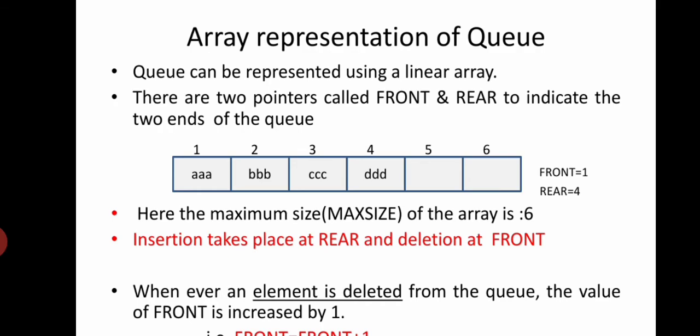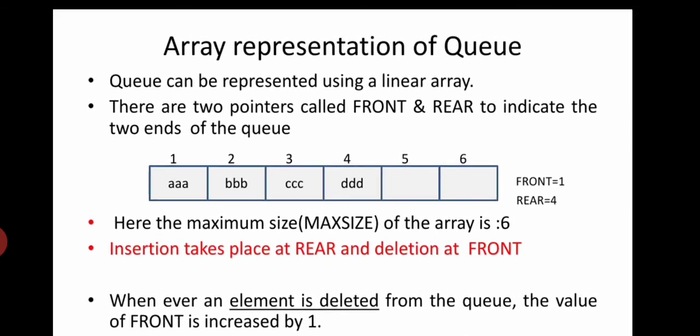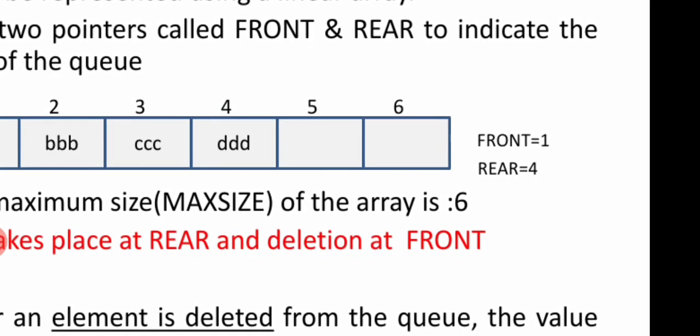Then this is the array representation, with indexes named 1 2 3 4 5 6. The size of the array is 6. Then AAA is inserted, BBB is inserted, CCC is inserted. So initially front equals 1 and rear equals 4.